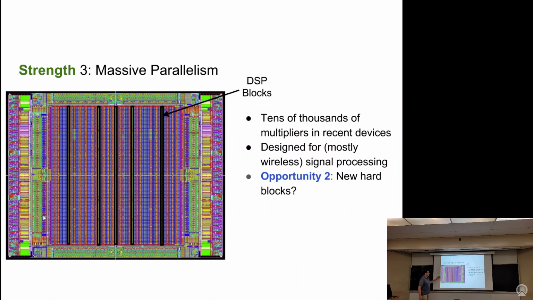There's a lot of parallelism, and we have lots and lots of DSP blocks, so that's kind of an opportunity. But the DSP blocks in traditional FPGAs were mostly designed for signal processing, like wireless communication, wired communication. Those were the key applications. So there's an opportunity to redesign them for deep learning and be better at the precisions that exist there.